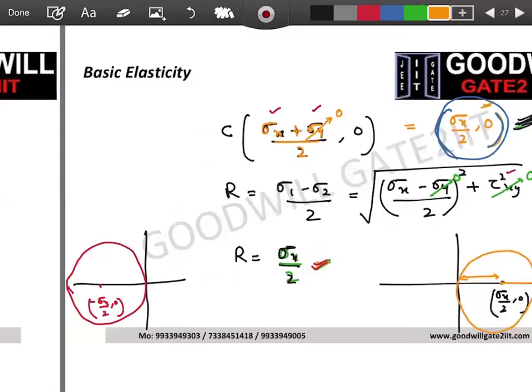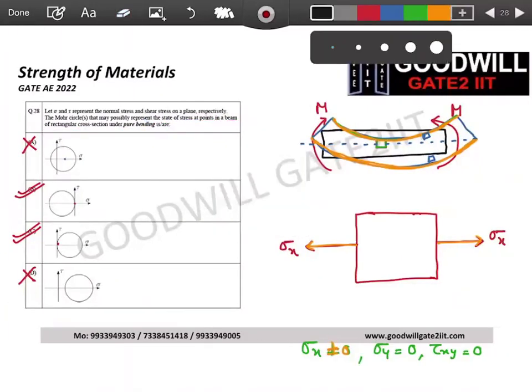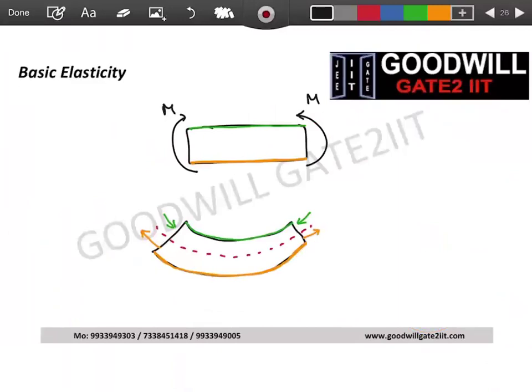Now they ask us to draw the Mohr circle for a state of stress at a point in a beam. They don't mention whether the point should be here or here. So if you take this section on top, the stresses acting here are this, and its magnitude will be sigma x.